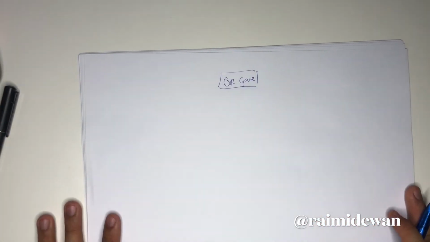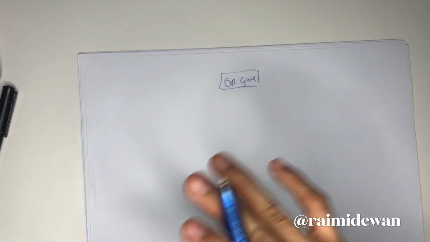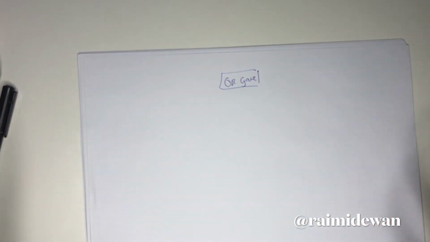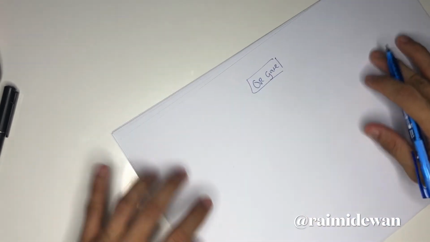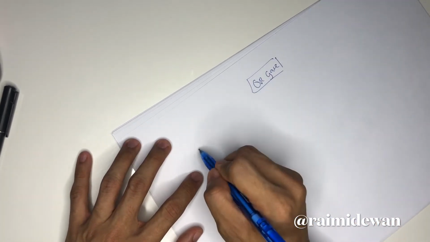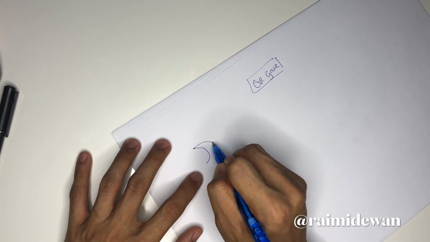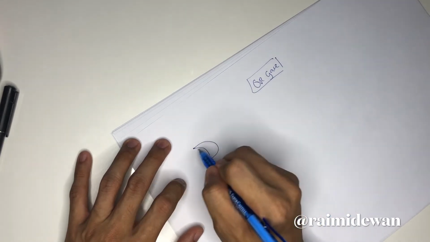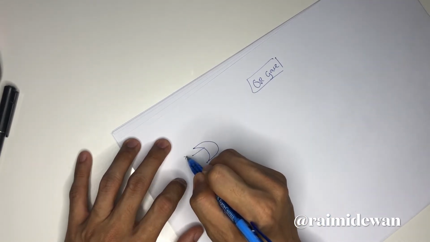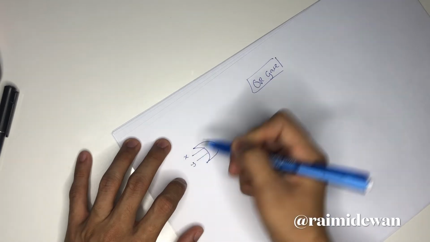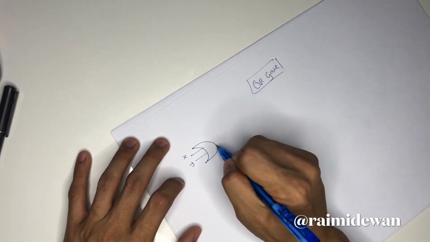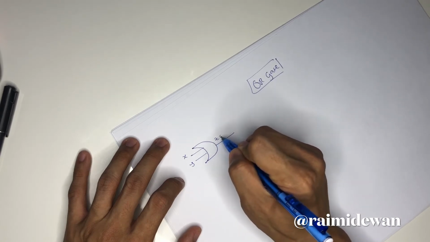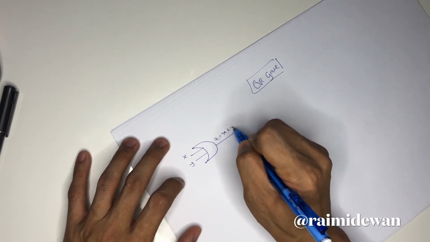Similar to the AND gate, it can have more than one input, but it will have one output. For simplicity, this is the OR gate. You have your X, you have your Y. This is not fixed; you can use A, B, C, D, and so on. Then this is your Z as your output, then you have X plus Y.